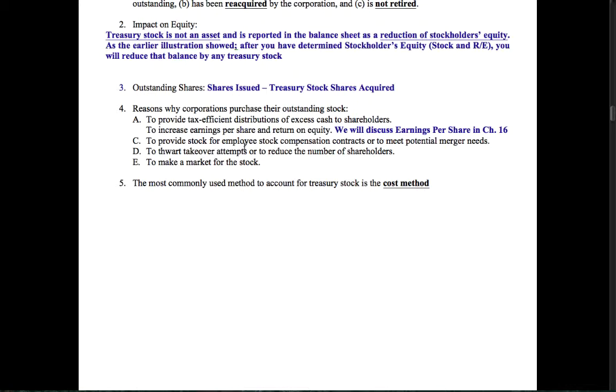It would provide stock for employee stock compensation contracts or meet potential merger needs. It would address takeover attempts and potentially reduce the number of shareholders. And E, to make a market for the stock.